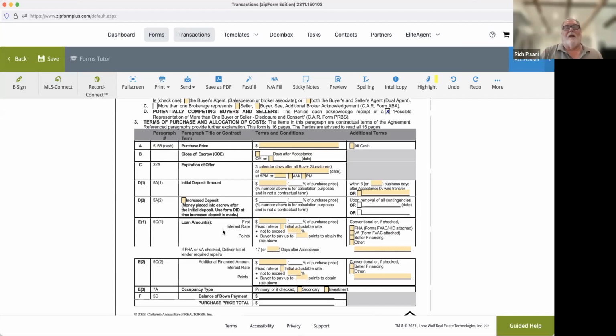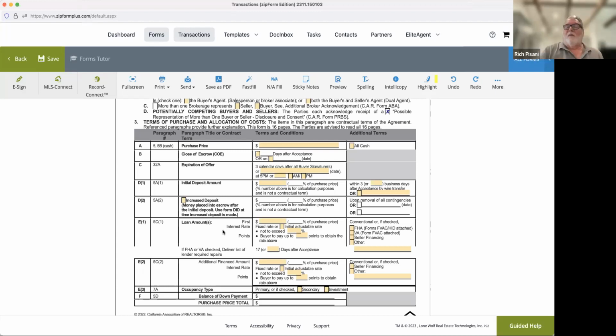Well, that refers to the paragraph later in the contract that explains more about this item. So it always refers further in the contract. If you want to know a little more about the expiration of an offer, you can go to paragraph 32A, and it's going to tell you about that. So just keep that in mind.